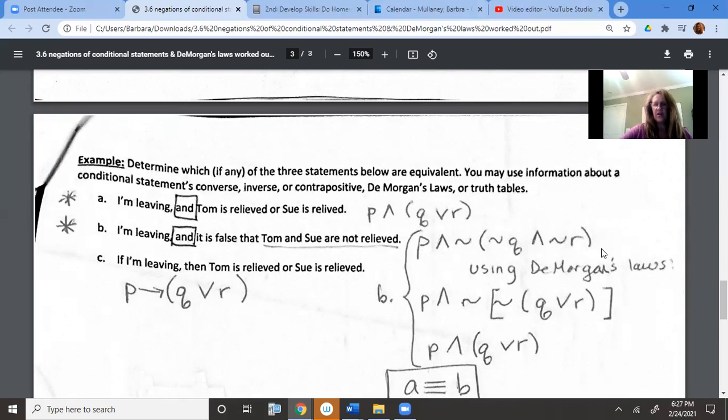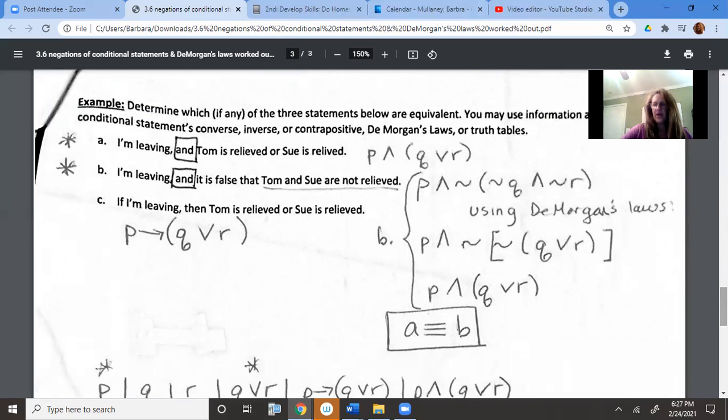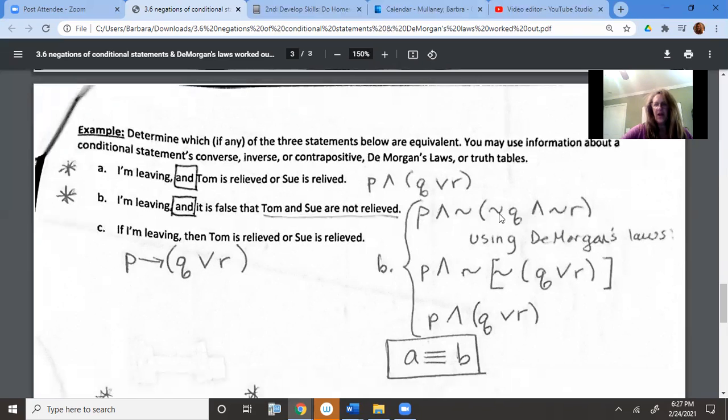So I'm going to use DeMorgan's laws. What we can do is, if we have the negation of two statements here with an and, we can flip it to an or and remove that negation, bring it outside the parentheses and make it a Q or R. Okay, so that's what I've done.